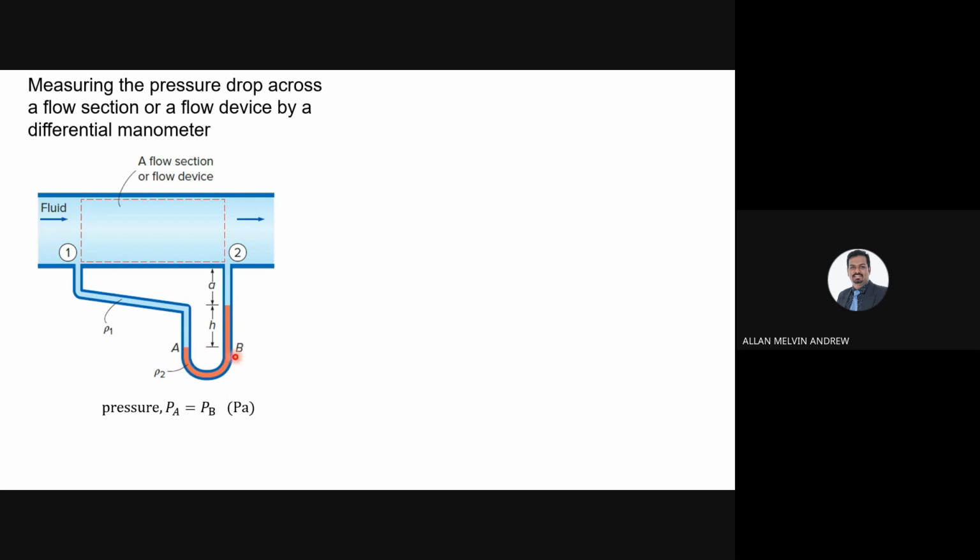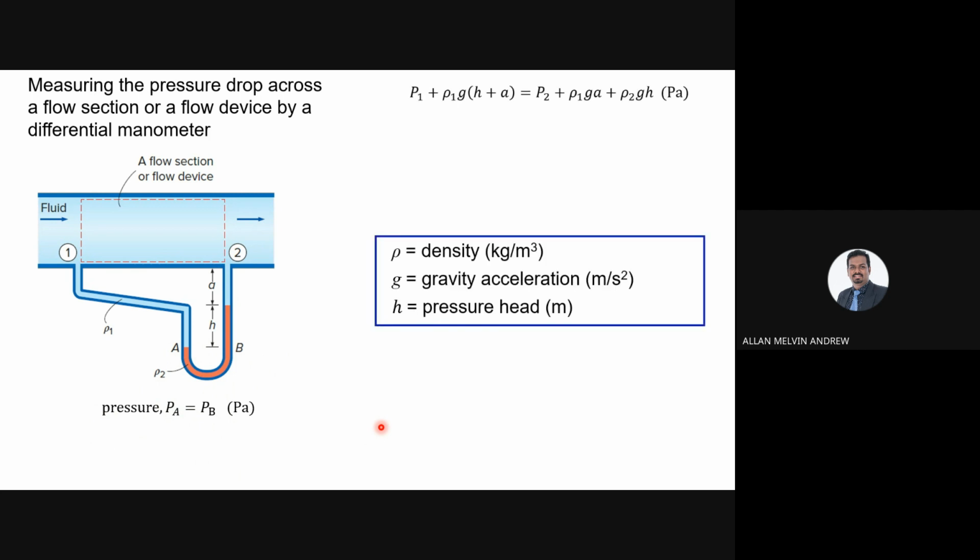Put aside the density difference, but we know that from here to here it will be the same, so A and B should be the same. So pressure PA equals PB. Now we bring in the density, where the differences will be. So first we calculate PA.